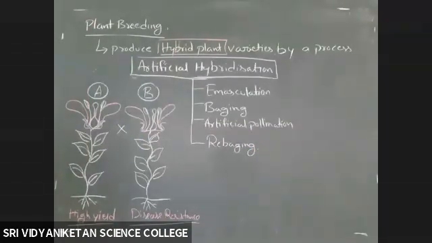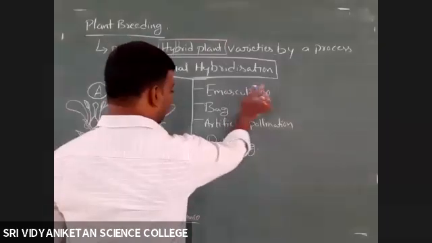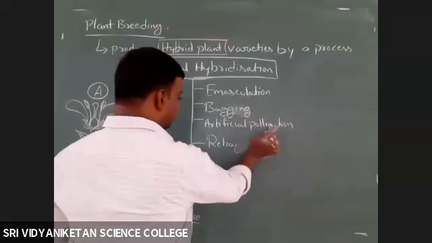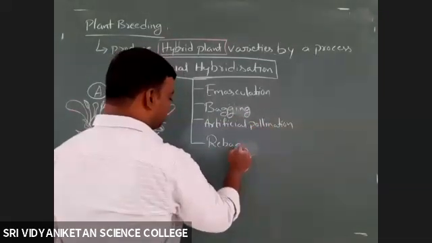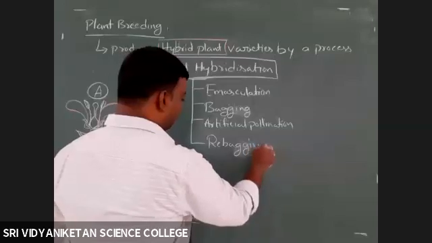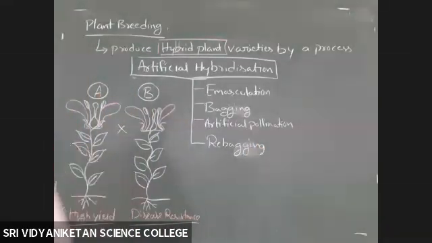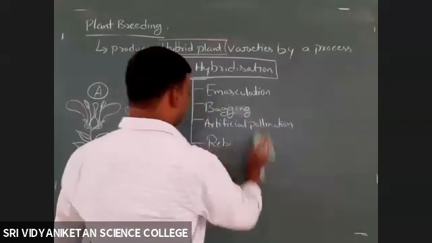So the process of artificial hybridization is conducted with 4 steps. What is the first step? Emasculation. Second step is bagging. Third step is artificial hybridization or artificial pollination. And the fourth step is rebagging. One minute, I will write.